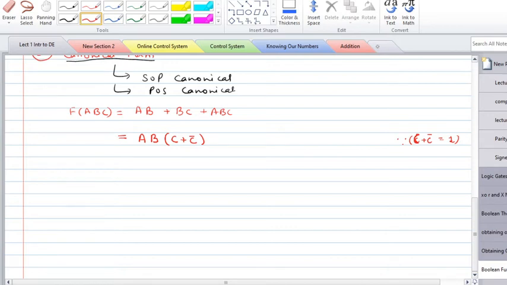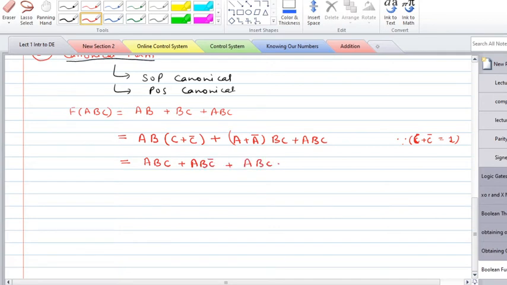Similarly, in the second term a is missing, so we can multiply a plus a bar with bc. Using the distributive law, it becomes abc, abc bar.